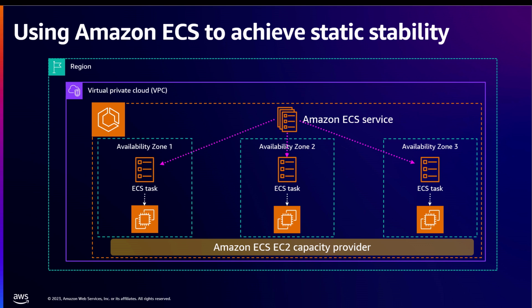And what you want to make sure of is that the auto-scaling group is provisioning EC2 instances into the availability zones that you're going to be leveraging for your task placement. So if you have at least 3 availability zones provisioned for your auto-scaling group, your EC2 instances will also be spread across those 3 availability zones. You then do the same configuration for your ECS service, and the end result is that you will get the same spread placement.